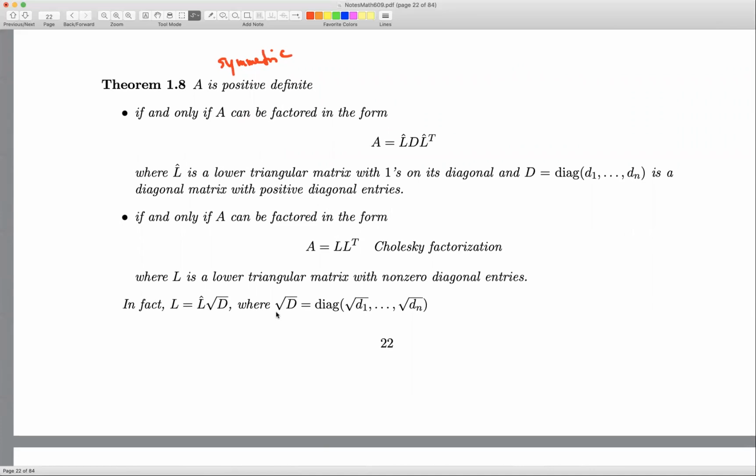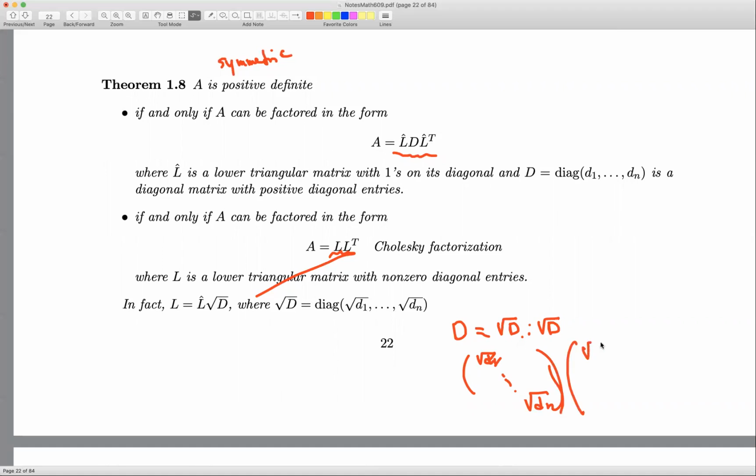You see here that if you have this representation and this representation, there is a relation between them. If you look at the matrix D, then the matrix D can be represented as a product of two matrices, square root of D and square root of D, where square root of D is a matrix where on the main diagonal you have the square roots of the D's.